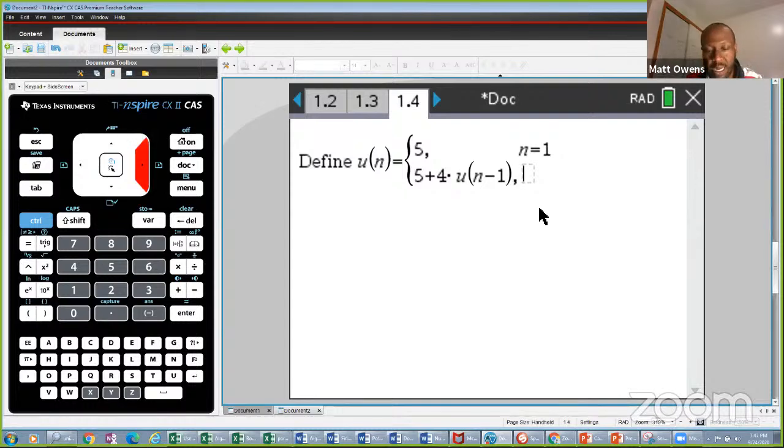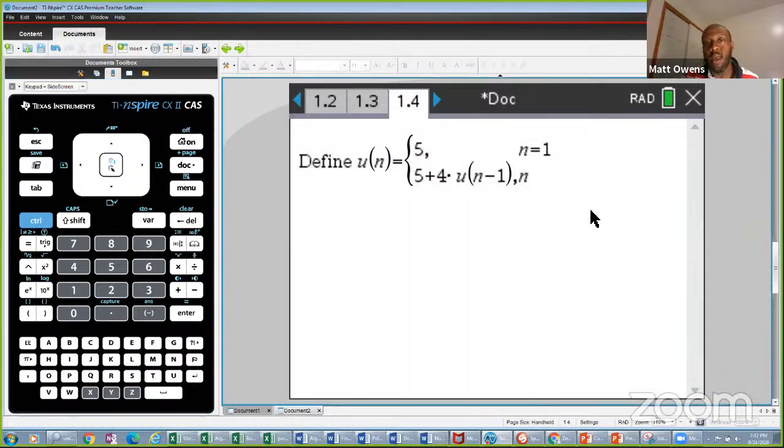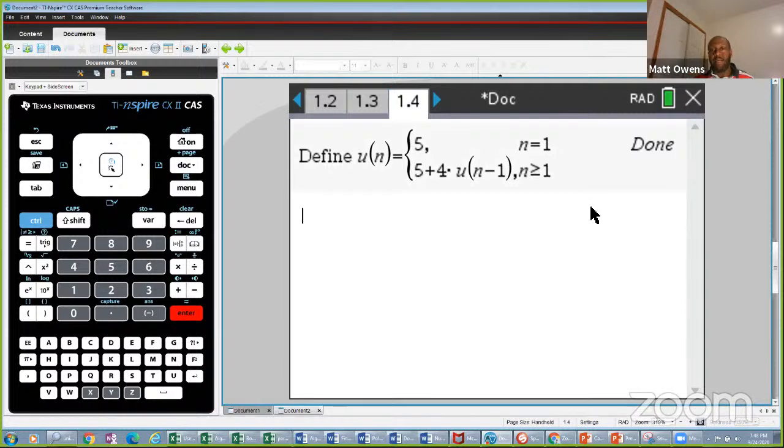And I want to declare this for any n. In this case, I'm going to use the test command by pressing Control equal, greater than or equal to 1, and voila, I'm done.